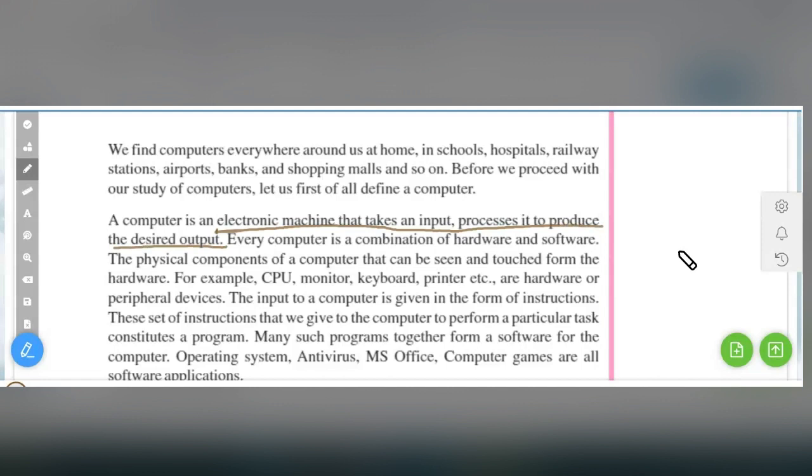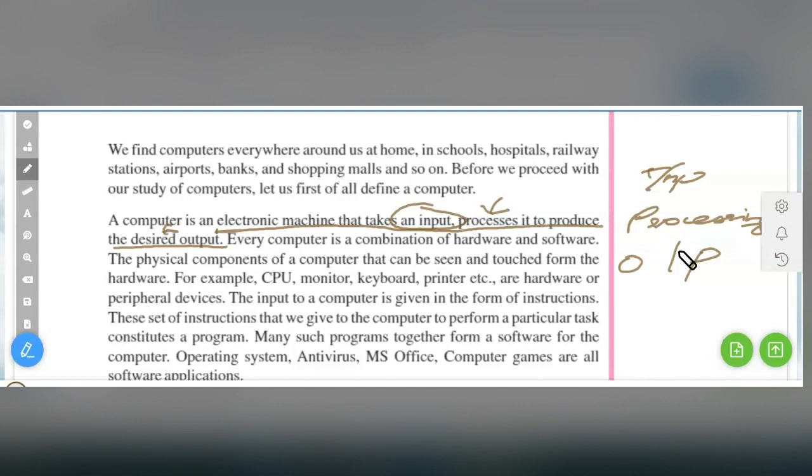So it takes some input, some processing happens, and then you will get an output. If you write a note, you can write input, some processing, and some kind of output you will get. This is the work done by a computer.